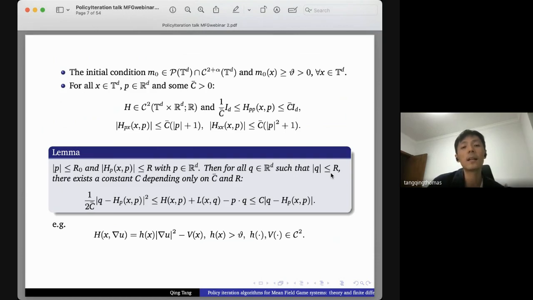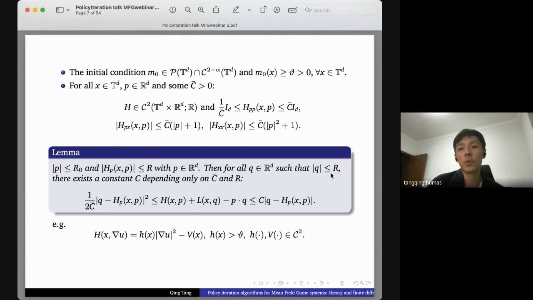And this lemma is going to be used throughout the paper. On the left-hand side, what I'm saying is that if I have a Hamiltonian subtracted by something else, it'll be bounded below by the distance between q and the optimal control.